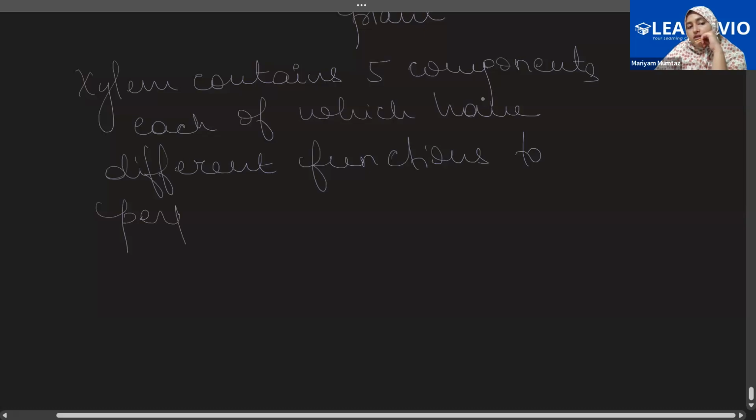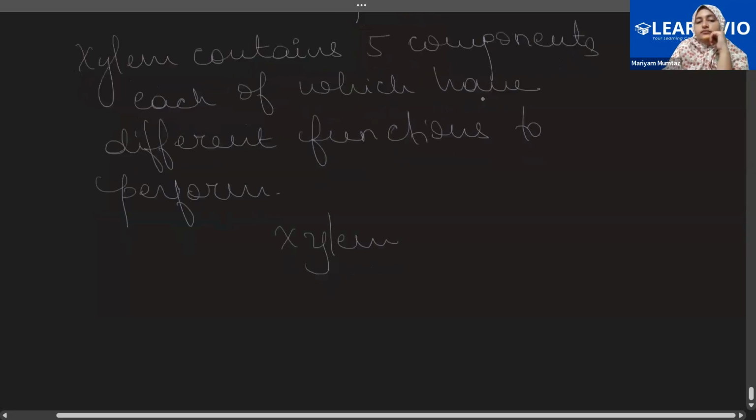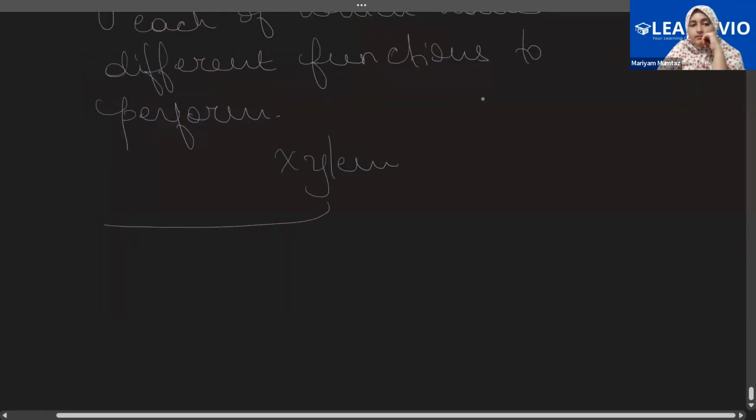Now, when I talk about the different components, so this is xylem. So it has 5 components. The first one is tracheids. The second one is vessels.